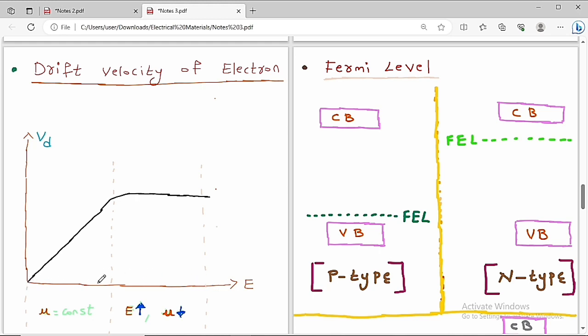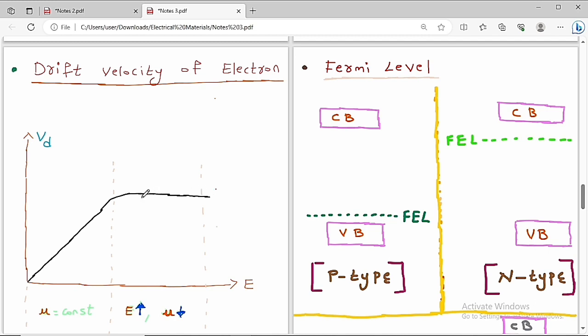After a certain range of electric field, the drift velocity increases linearly. As E increases, Vd also increases linearly. But after some time, it will become saturated. So after a certain amount of electric field, as the electric field increases, the drift velocity of the electron will increase in a linear fashion, but after that it will remain constant.